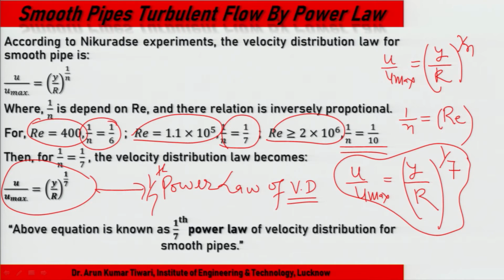It is clear: u upon u max equals (y upon r) power 1 upon 7. This is the power law of velocity distribution for smooth pipes.